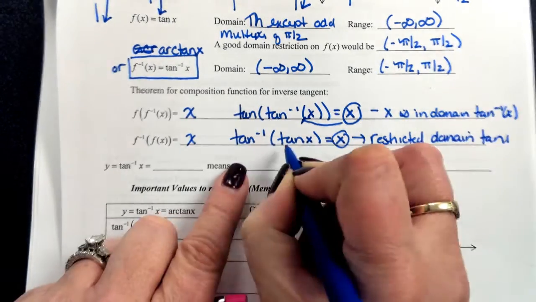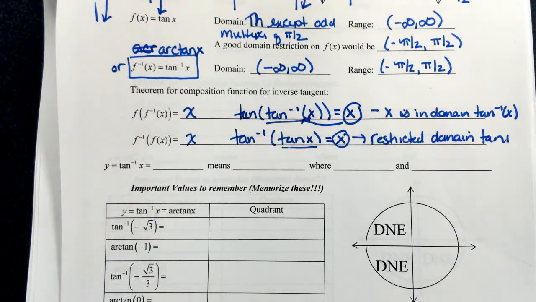So you've got to look at the domain of that inner function for this composition rule to apply. For example, in the last one, if this angle is not between negative pi over 2 and pi over 2, because that is the restricted domain for tangent, then you can't use this composition rule. You've got to do the inside out. Like I said, if you always do inside out, then you're okay.